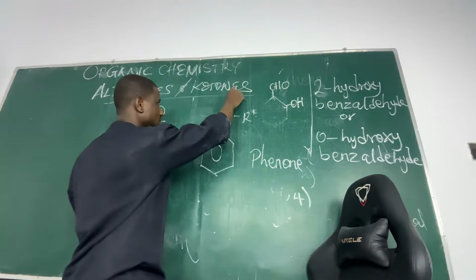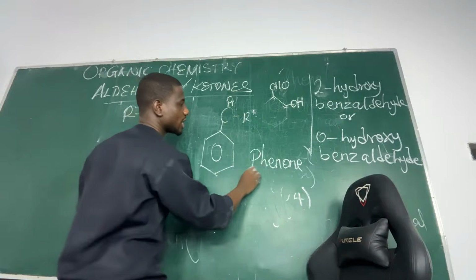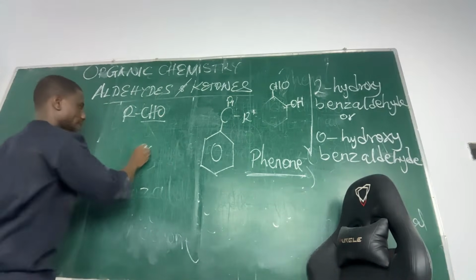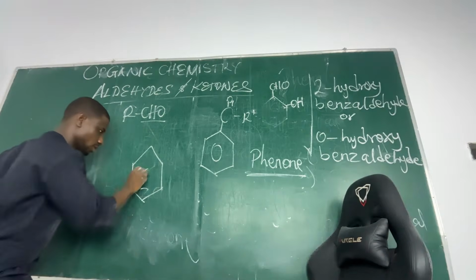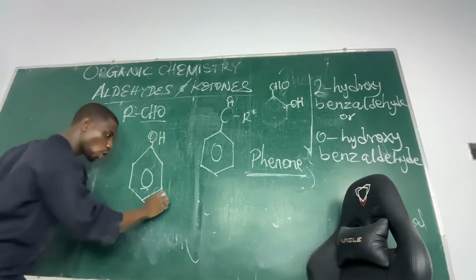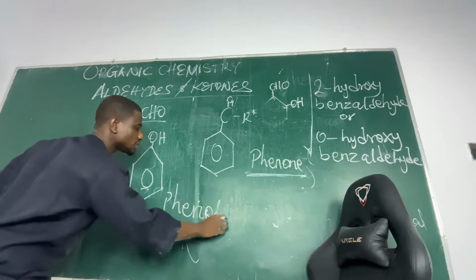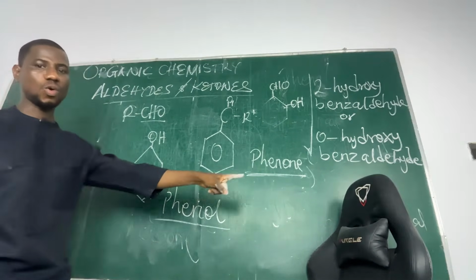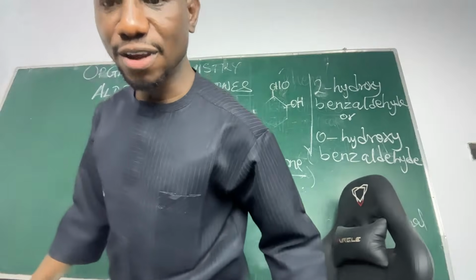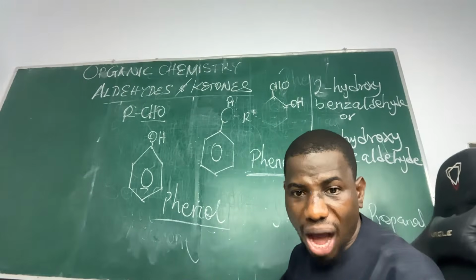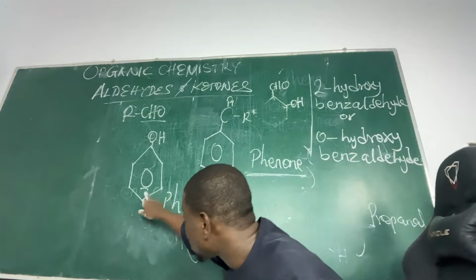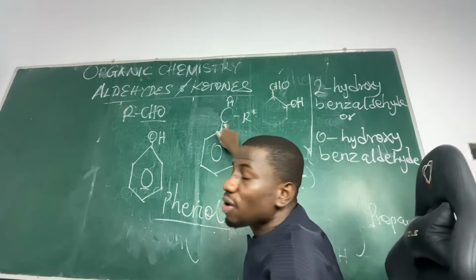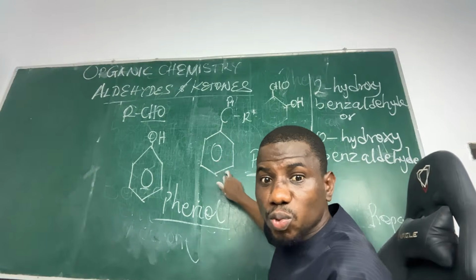But this OH is called phenol. Take note of the differences. When the benzene is attached to a hydroxyl group, we call it phenol. When it is the carbonyl group of an alkanone, we call it what? Phenone.